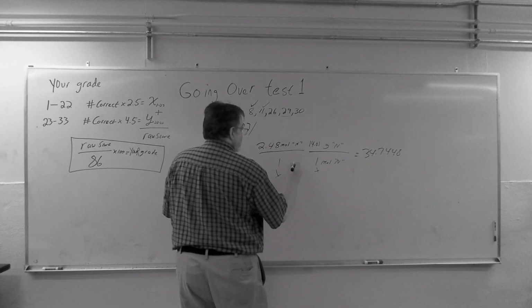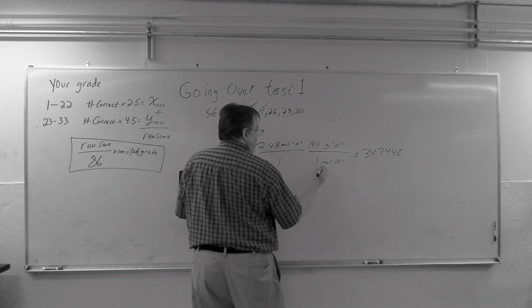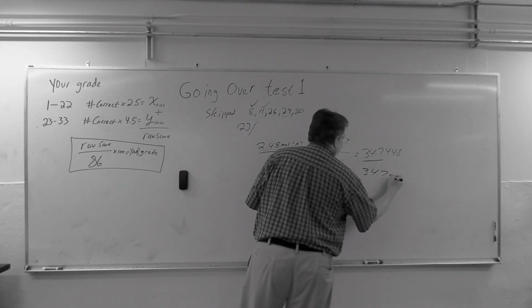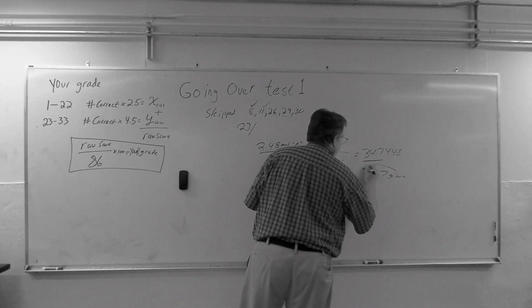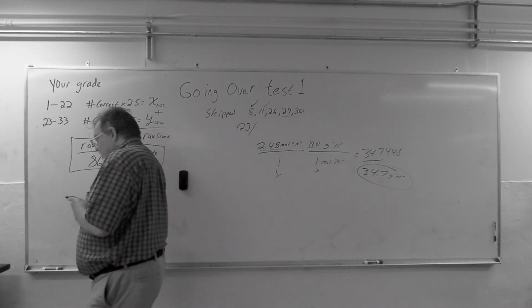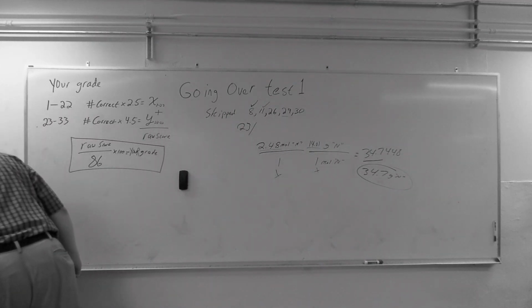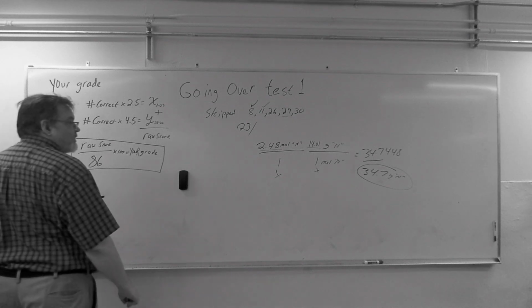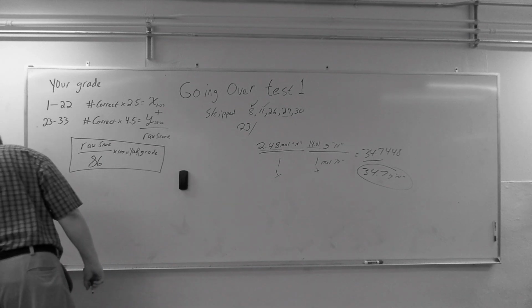That's exact. Three significant figures, so we're keeping those 3, so it should be 34.7 grams of nitrogen. That's E.